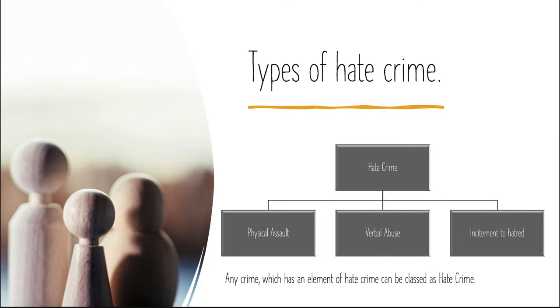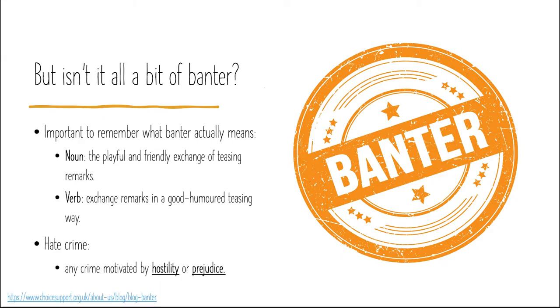And one of the hardest things to recognise is often people will say that they're just trying to have a laugh or it's just a bit of banter. And it's really important to remember that hate crime is any crime that is motivated by hostility and prejudice. The attempt to be engaging in banter is never an excuse if that behaviour is motivated by hostility or prejudice.